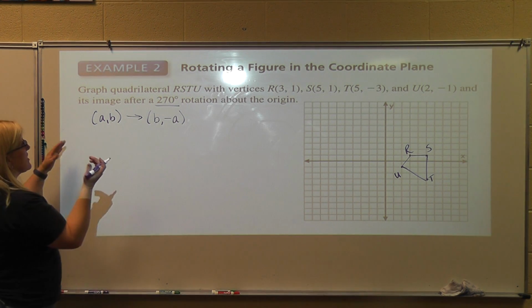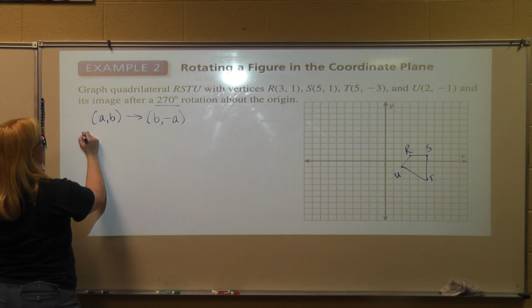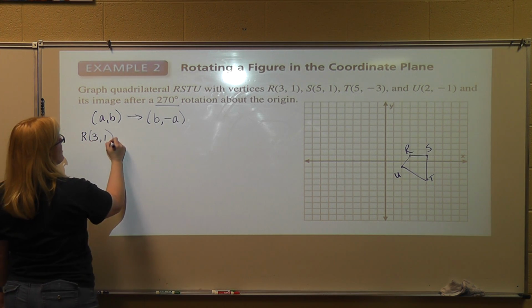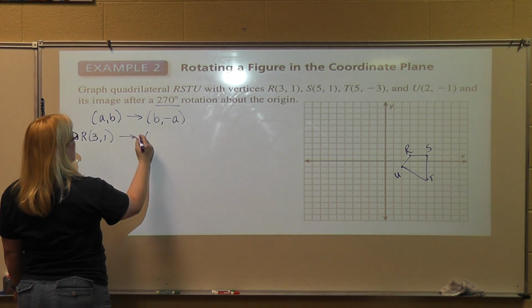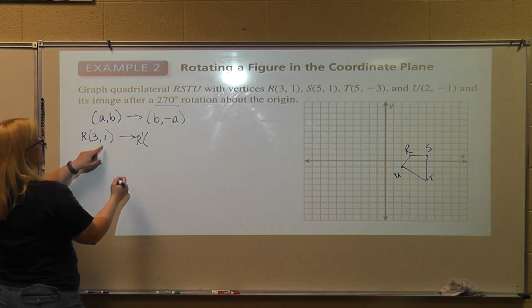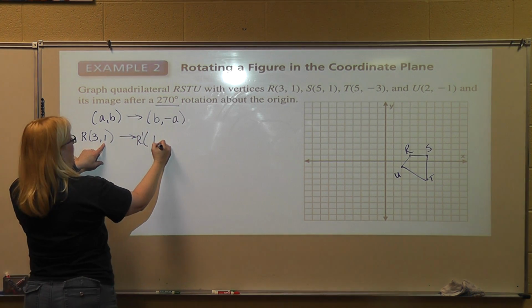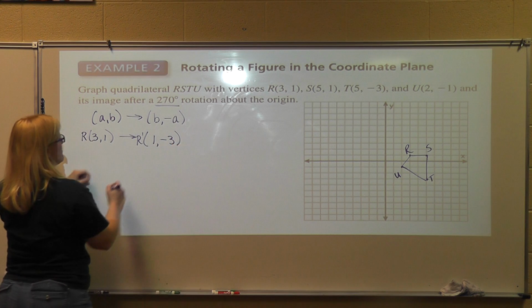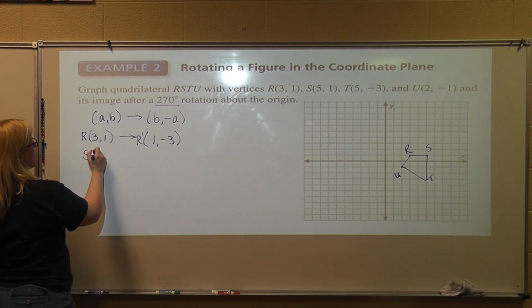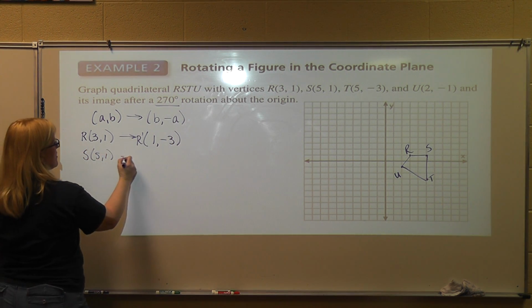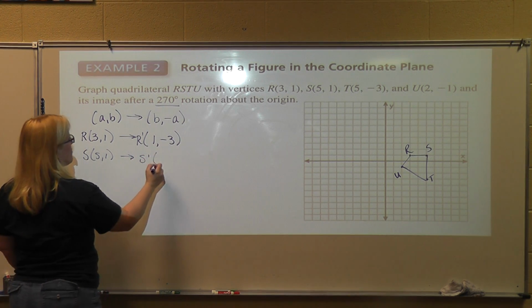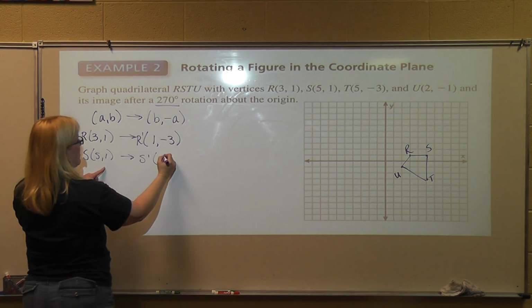So R, 3, 1, goes to R prime, which is B, and then negative A. S, which is 5, 1, goes to S prime, which is flip the two and make the A negative.